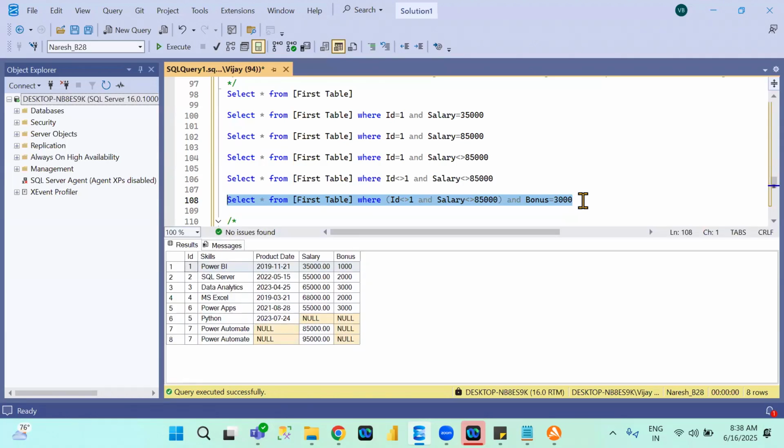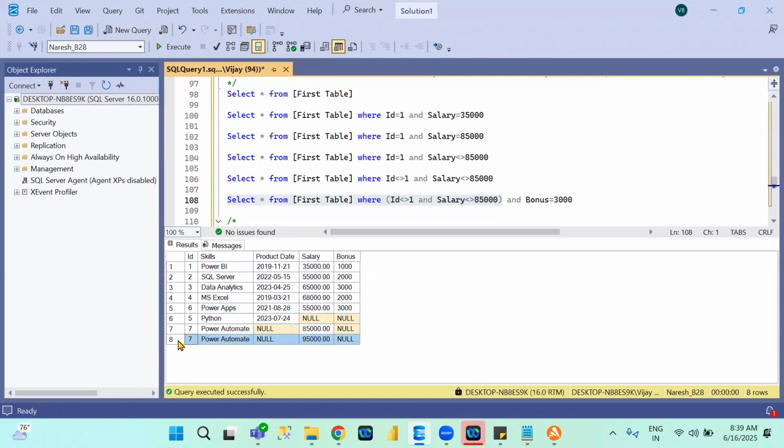See what records are there? That means, see here. First of all, with these two conditions, what records are satisfied? Tell me. That means second record, third record, fourth record, and sixth record, and this record, right? Okay.